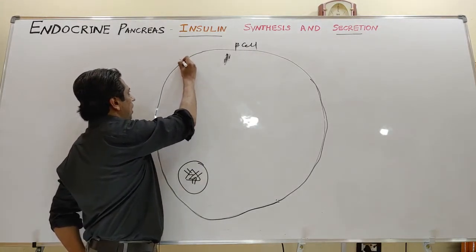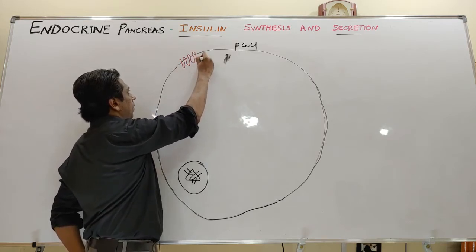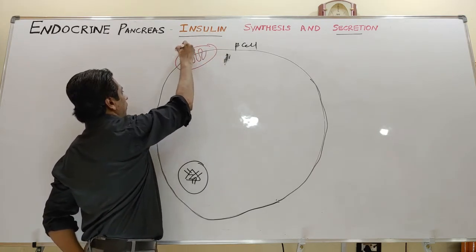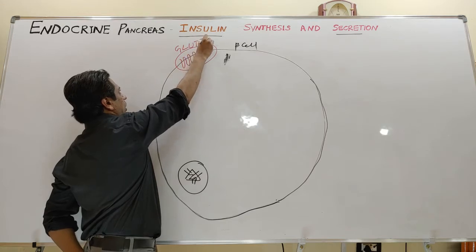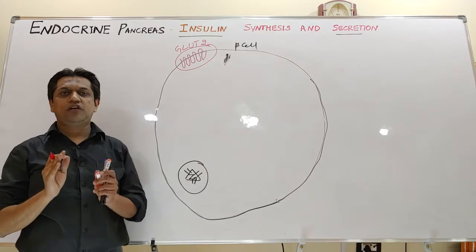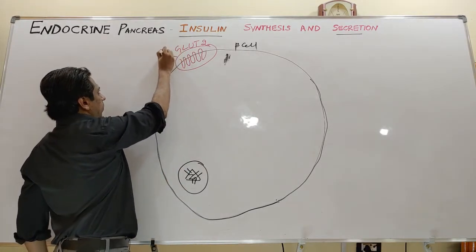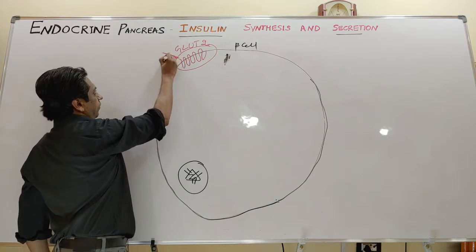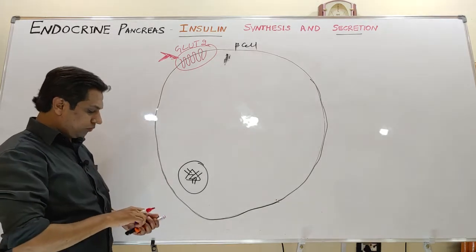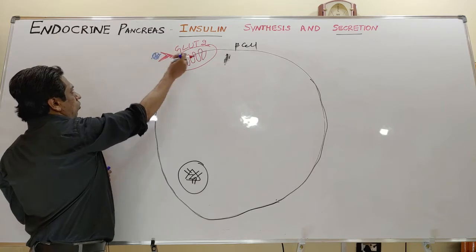These are known as glucose transporters, 12 membrane pass proteins, known as glucose transporter 2 or simply GLUT2. The glucose molecule will bind to this domain of the GLUT2 receptor.